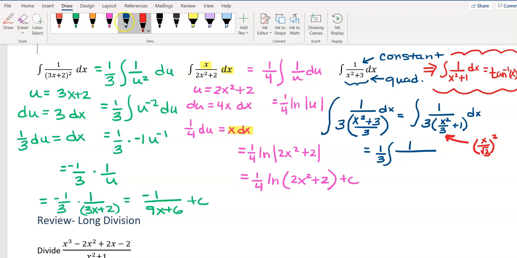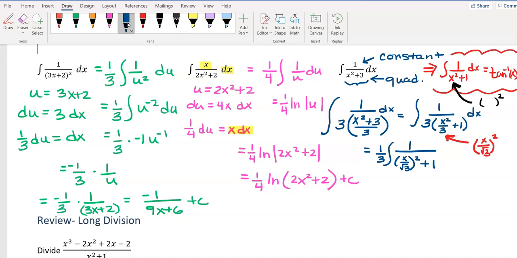So that's what I'm going to do in this denominator here. So it's going to be x over the square root of 3 squared plus 1. And this is allowed because in this piece up here, this x squared in our general form of the inverse tan, this really is just saying whatever this term is in front, it's just squared.